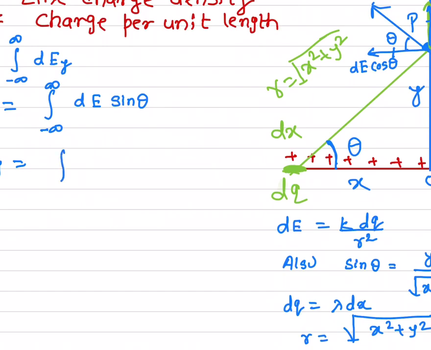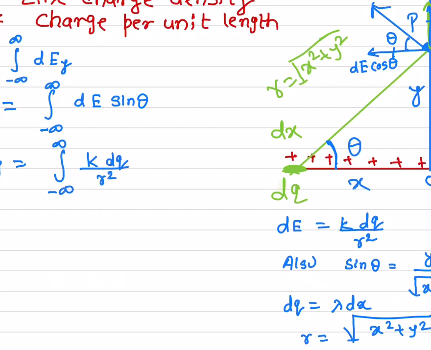Now, let's solve it further. Ey, from minus infinity to plus infinity, and you see this dE value is given right here. So what is it?